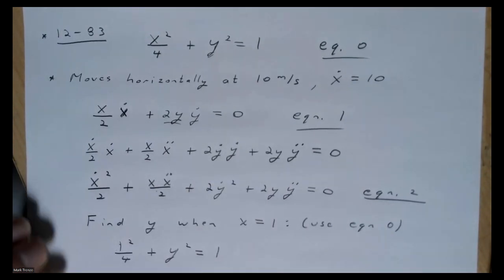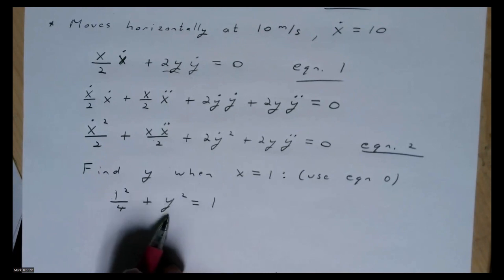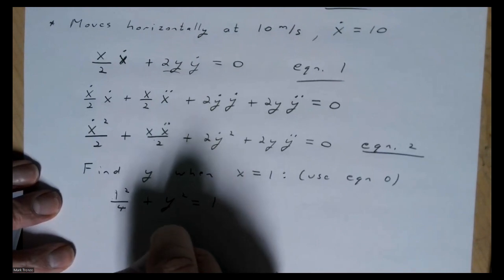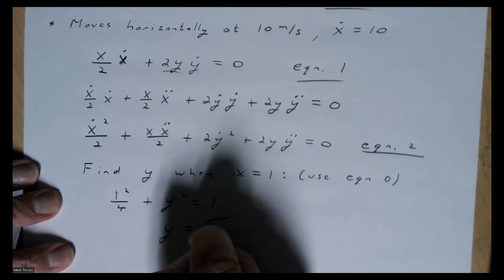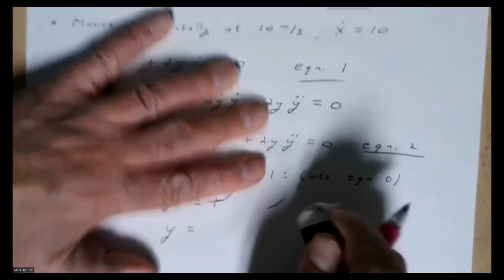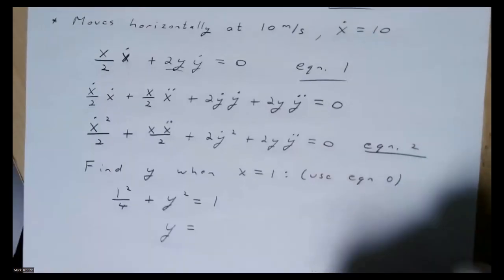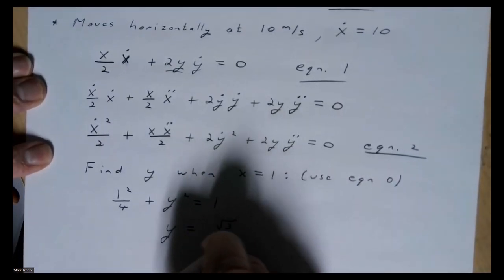Equals 1 like this. And then if we bring this to the other side, that's going to be 3 divided by 4. Then we take the square root of that, we'll get y equals the square root of 3 over 4, which is the square root of 3 over 2.